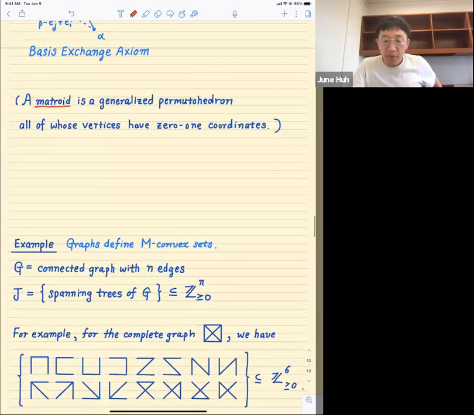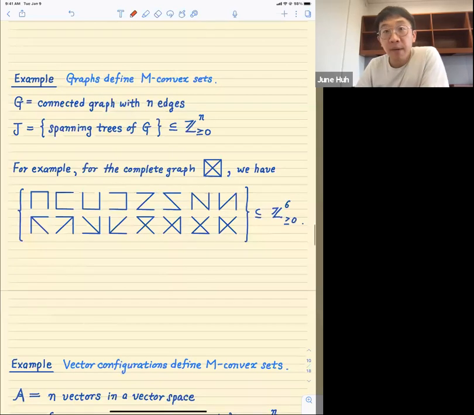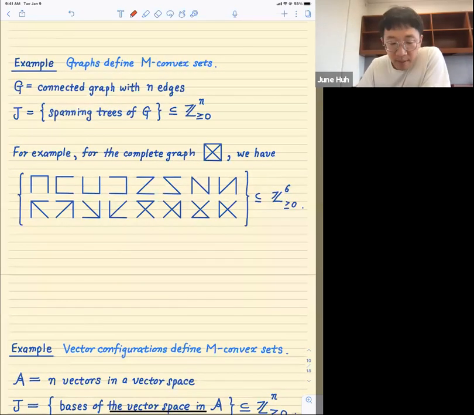So let me show you some M-convex sets in case you have not seen much of them. The most famous ones come from graphs.